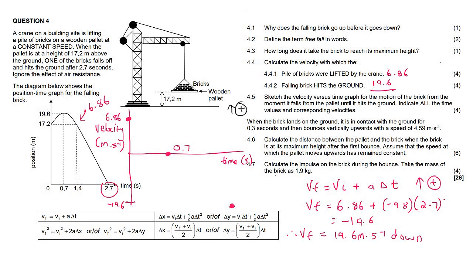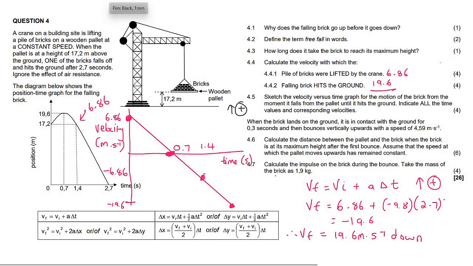Okay, that's the way it works. So at 1.4 seconds, which would be about here, the velocity should be negative 6.86, like that. And so there we can put a little dot, and then we can simply connect the dots. And that's what it would look like. Now, if you chose downwards as positive, your graph would be the other way around.